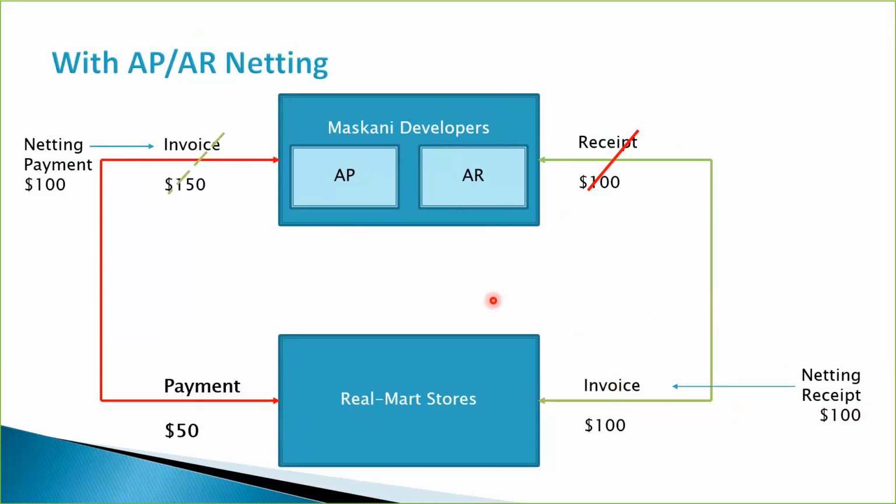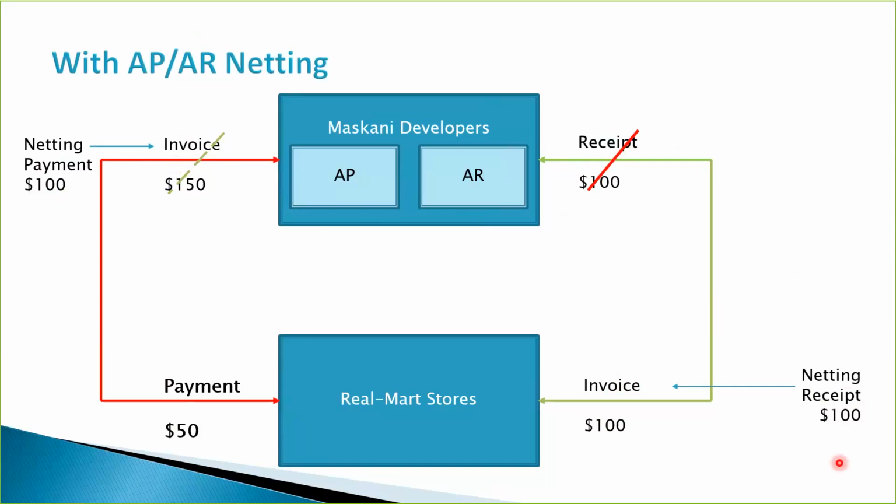Okay. So, of course, if it was the other way around, and we were the ones who are to get paid by RealMart stores after all the settlement, then we just have to reverse this process.